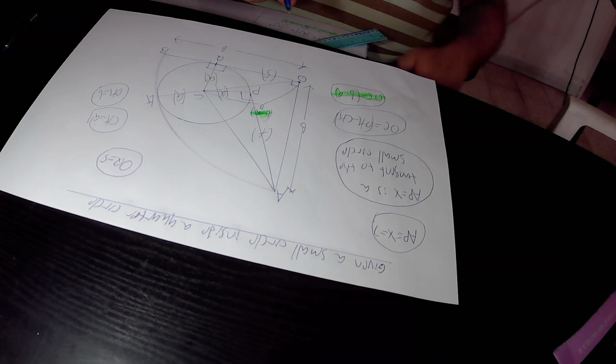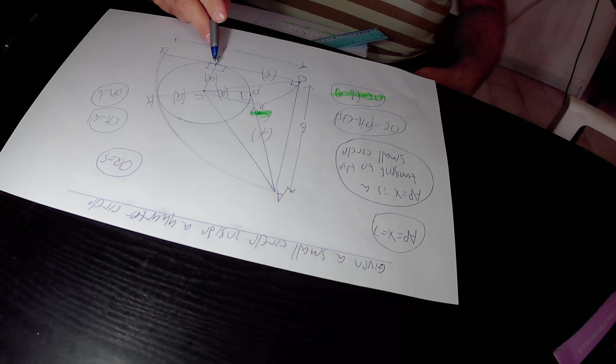The hypotenuse OC of this right triangle OCQ is B minus A. Side CQ equals A units in its length. It is the radius of the small circle.